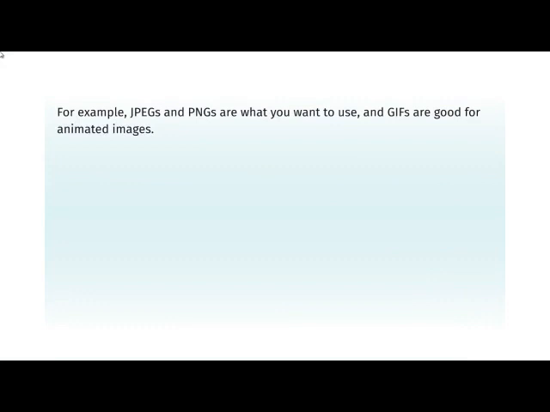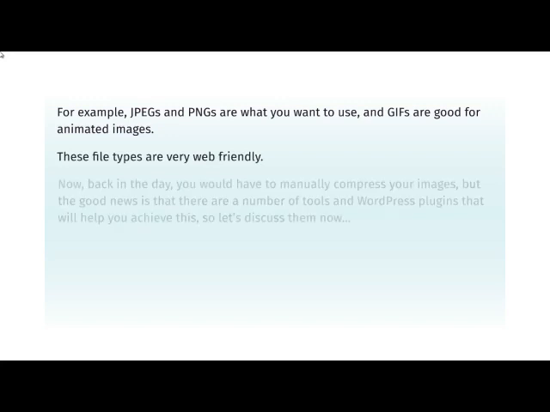JPEGs and PNGs are image file formats that are squeezed down and compressed for web use. GIFs, on the other hand, are basically animated images, but they are also compressed as well. Like I said, these files are very web friendly.